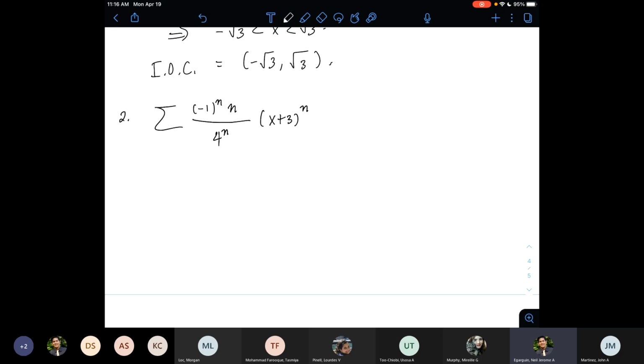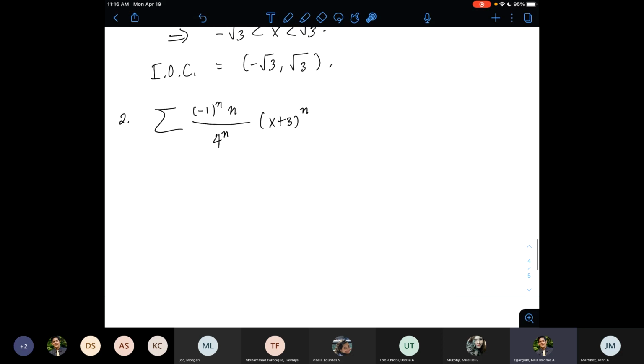Well, here you can use either the ratio or the root test because it is not geometric. You will see that it is not geometric because the common ratio, if you treat this as a geometric series, is the one raised to n. So if you collect all the factors that are raised to the power n, you will get this.